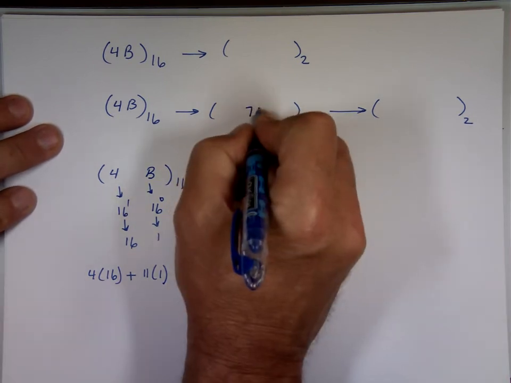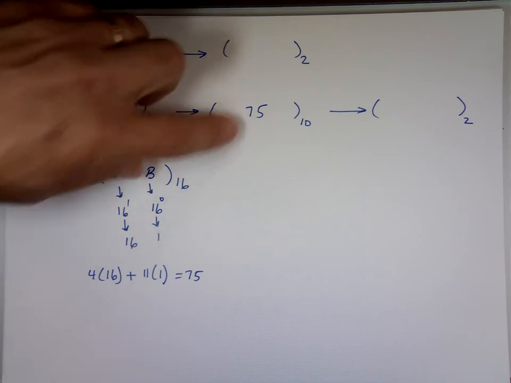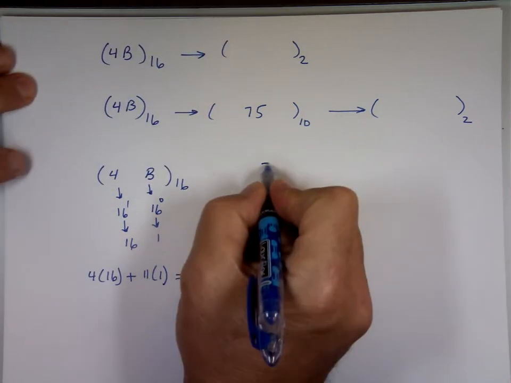So I took it from base 16 to base 10. Now I can go from 10 to 2. We know how to do that. From 10 to 2, you divide by 2. So 75 divided by 2.